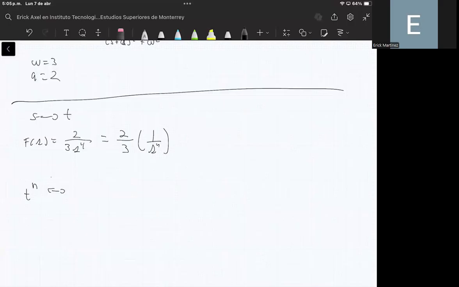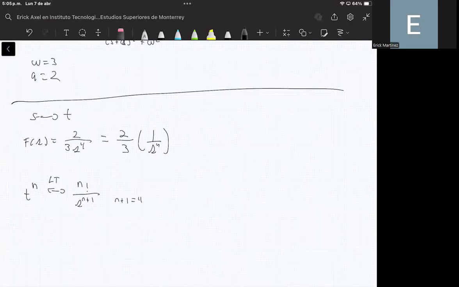And we know that the Laplace transform of that is n factorial divided by s elevated to the n plus 1. So here we have that n plus 1 is equal to 4.